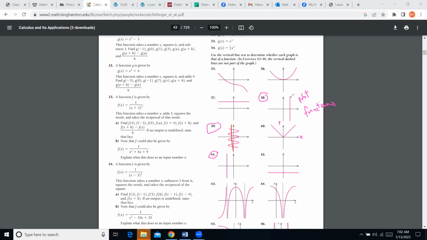And the vertical line here will be the line itself, because it just coincides with the graph, and there are so many intersections. We have infinitely many of them there. And same with problem 41. So these three circled are not functions, and the rest are.